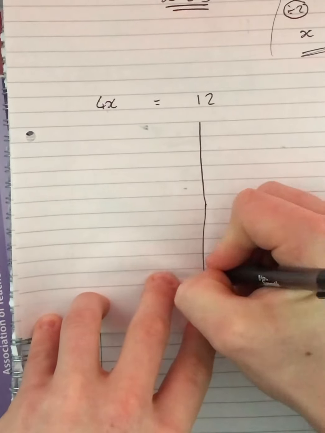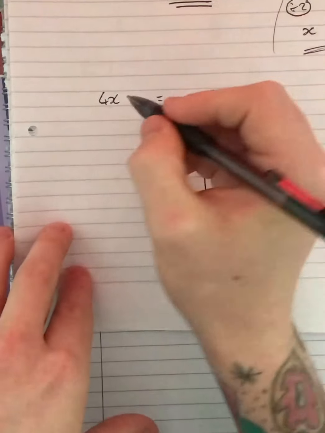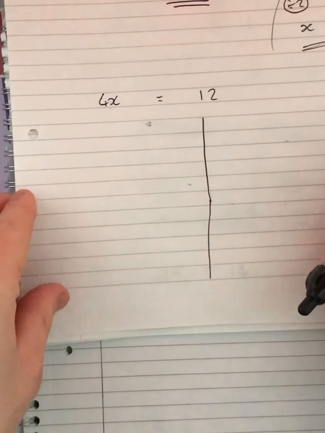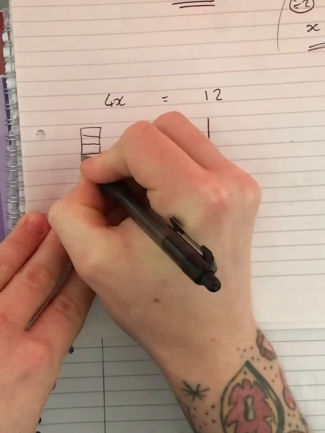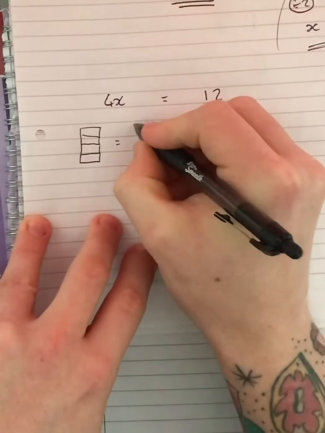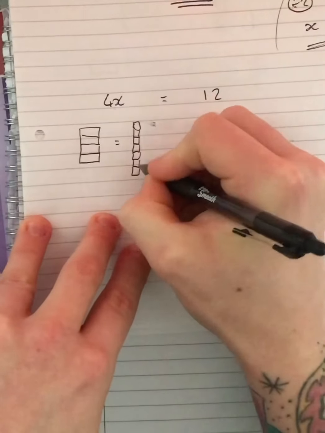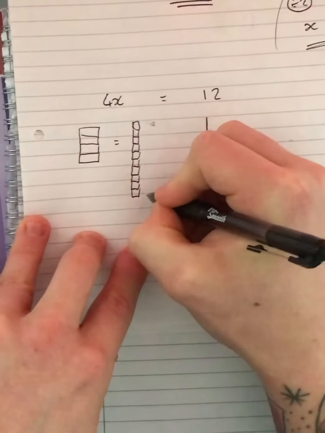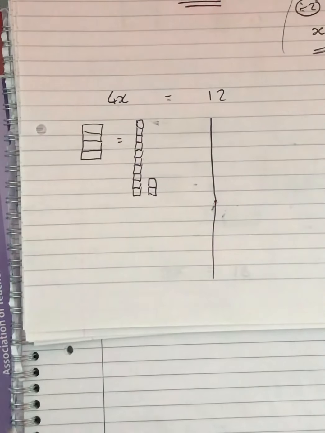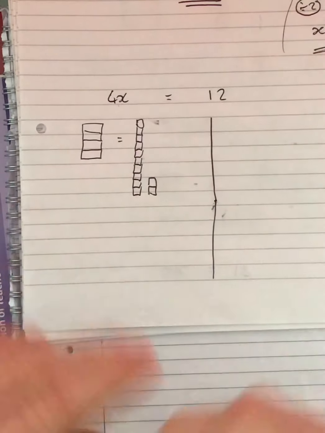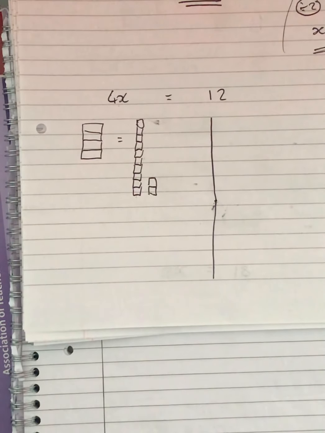I'm just going to split my sheet into 2 because I'm going to do it 2 different ways. I'm going to start off by doing it with the diagrams, and we're going to say we've got 4x is equal to 12. I just made that a line of 10 and then started a new one. It's just easier to keep track if you do it in stacks of 10. So we've got 4x is equal to 12.